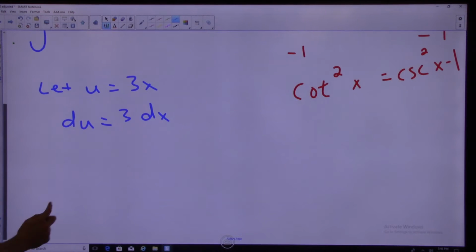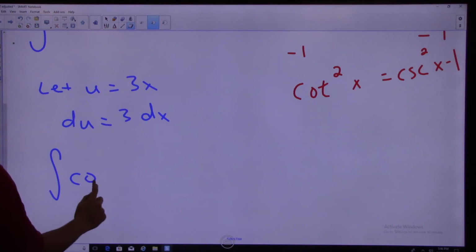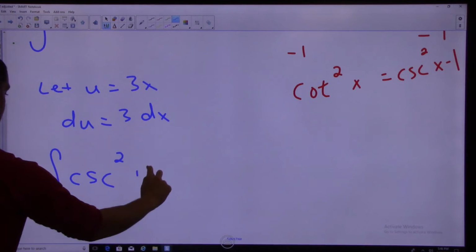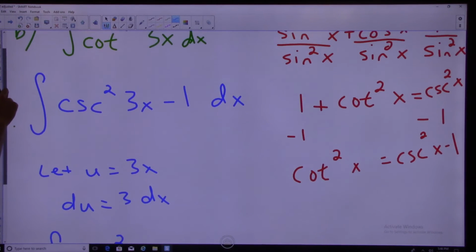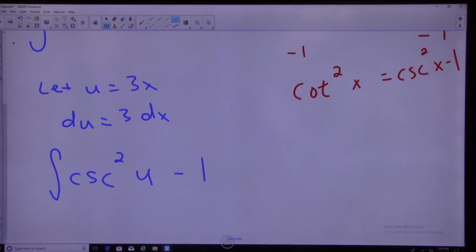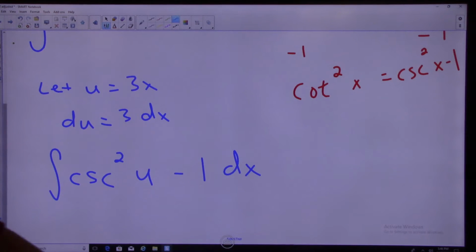Okay, so to rewrite this, it's going to be the integral of cosecant squared of, instead of 3x, I'll go ahead and write it as u, minus 1, dx.